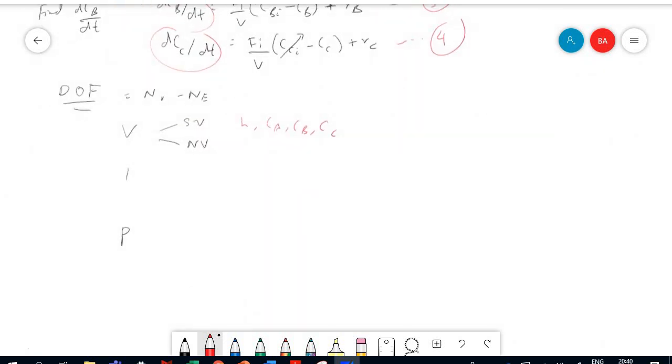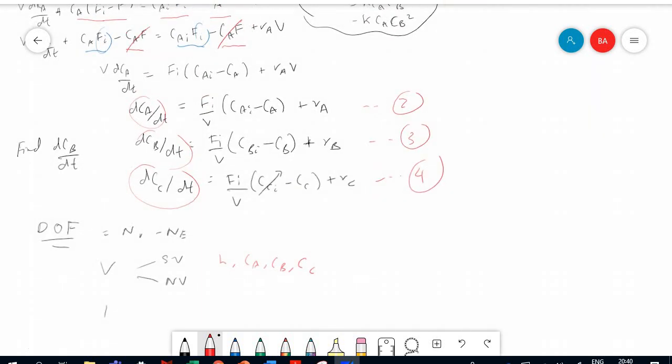And about the normal variables, we already substituted F equal to F alpha square root of h. So just not to forget, the normal variable F we already substituted, so we will not include it in the NV. We are not going to include it because it does not appear in any of our equations.